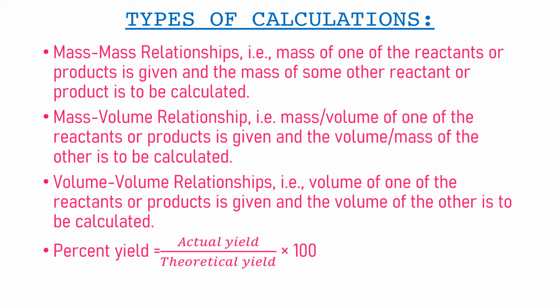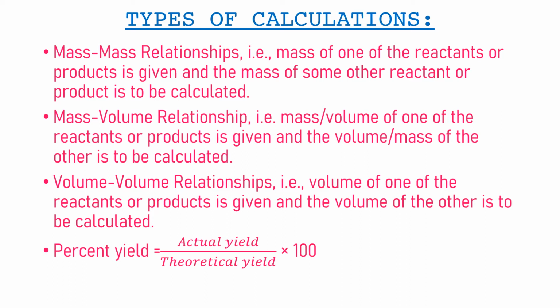That is, the mass of one of the reactants or products is given and the mass of some other reactant or product is to be calculated. Second is mass-volume relationship, that is, the mass or volume of one of the reactants or products is given and the volume or mass of the other is to be calculated.